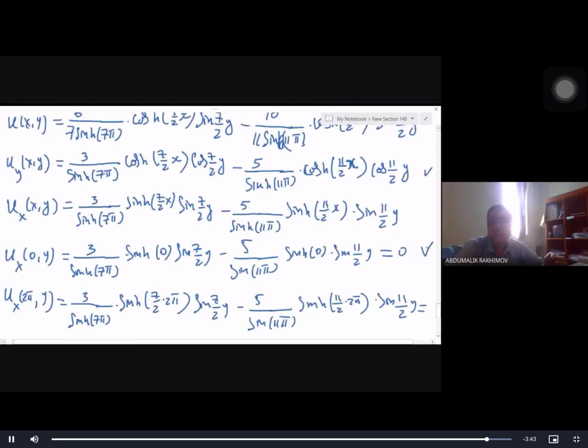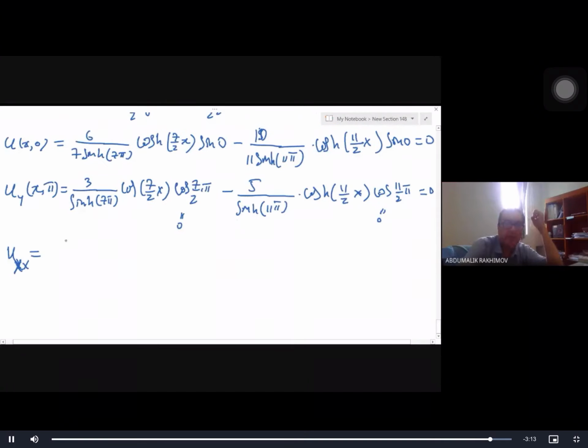So this is u_x. From u_x, if I take the derivative, what will come? 7/2 is coming here, this will be cosine hyperbolic, and you have these numbers before this, right? 3 times 7 is 21/2, right? 21/2, okay.